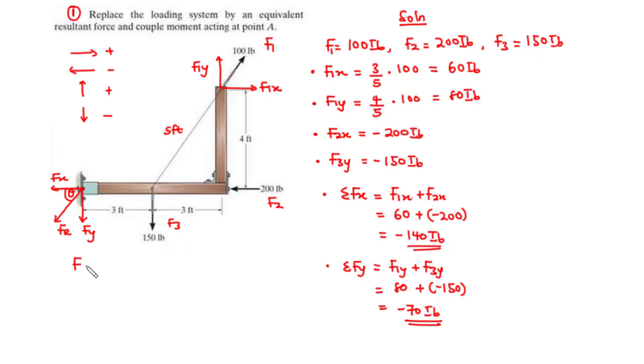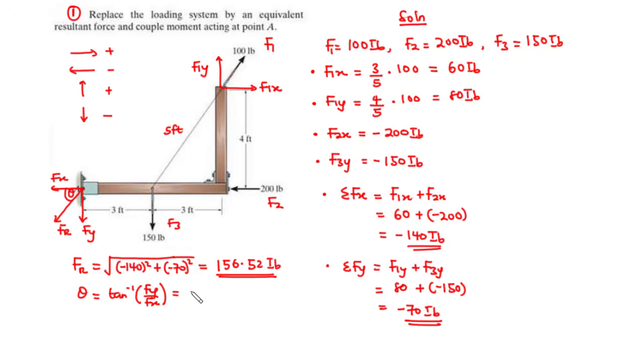So Fr is equal to the square root of negative 140 square plus negative 70 square. When you simplify this, you obtain 156.52 pounds, and then you have the angle theta to be equal to tan inverse of Fy over Fx.